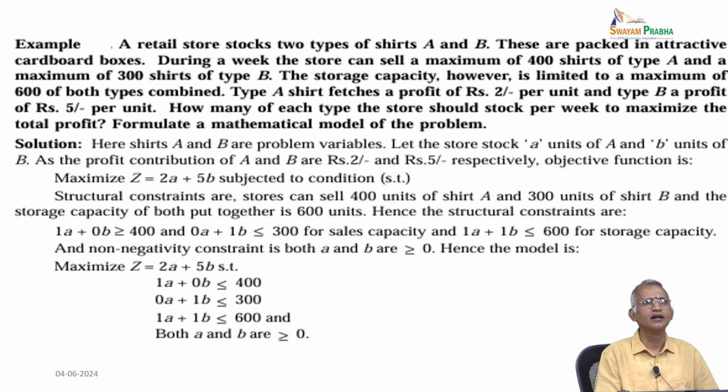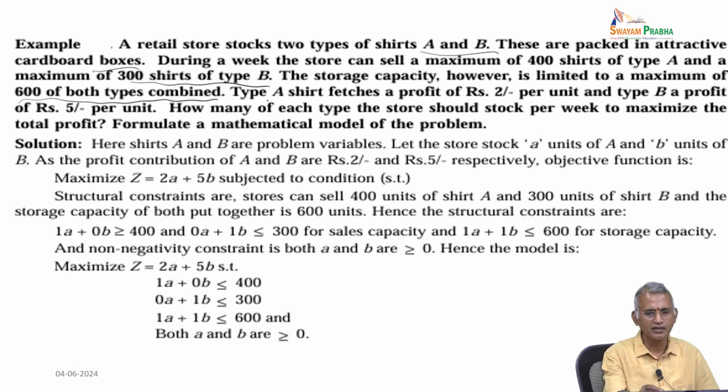A retail store stocks two types of shirts, A and B. They are packed in attractive cardboard boxes. During a week, the store can sell a maximum of 400 shirts of type A and a maximum of 300 shirts of type B. The storage capacity, however, is limited to a maximum of 600 of both types combined.